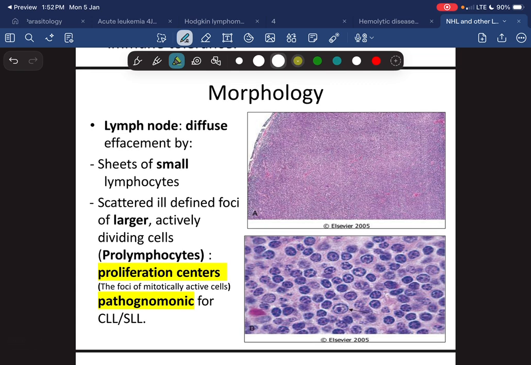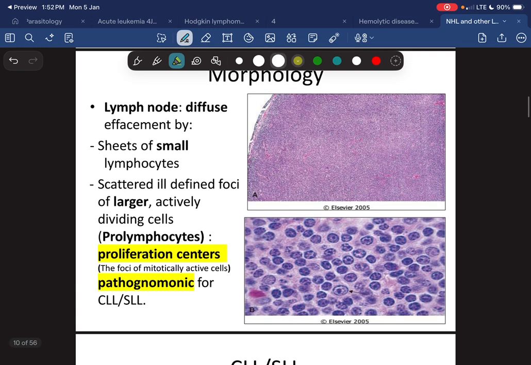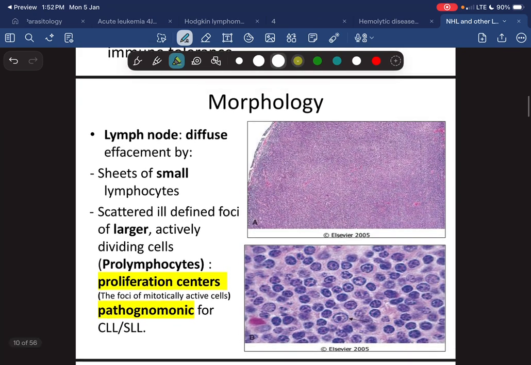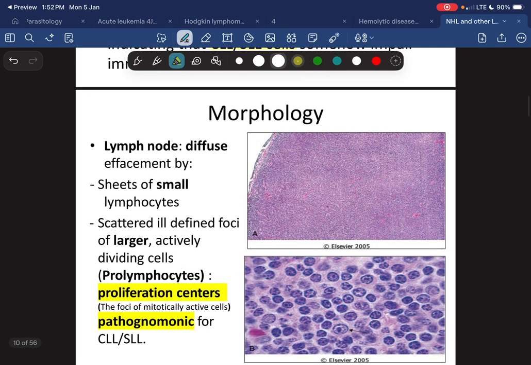Pro-lymphocytes. Okay? These foci of active pro-lymphocytes throughout the lymph node are called proliferation centers. Proliferation centers are pathognomonic of SLL, small lymphocytic lymphoma. These proliferation centers are collections of pro-lymphocytes.